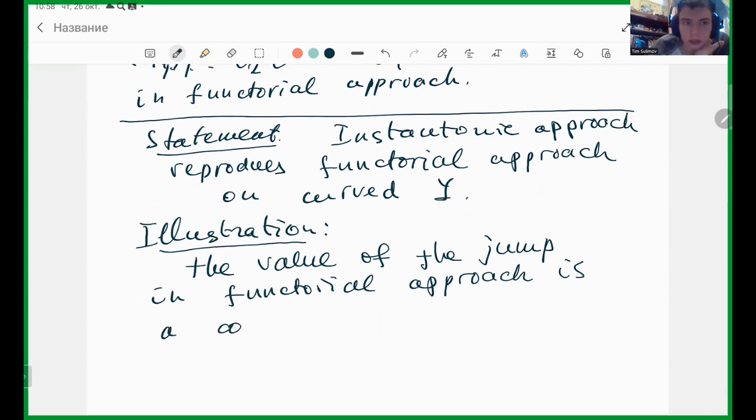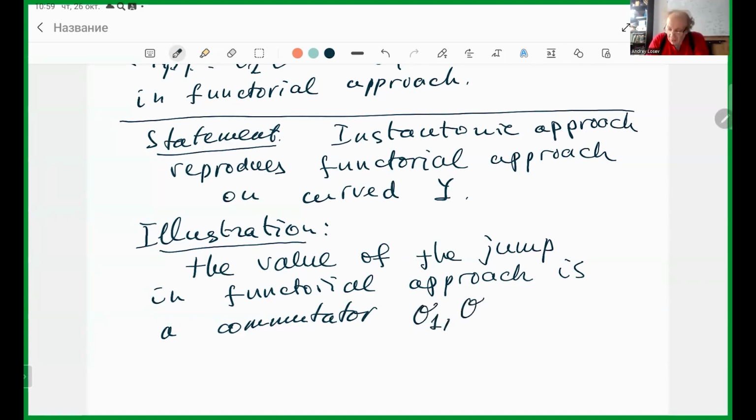There's a question in the chat. Thank you. Let me see. Is a commutator of 102.